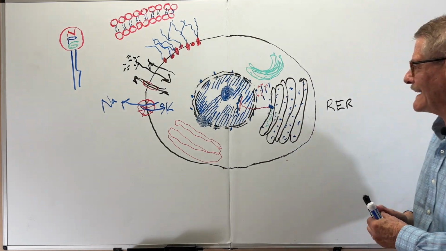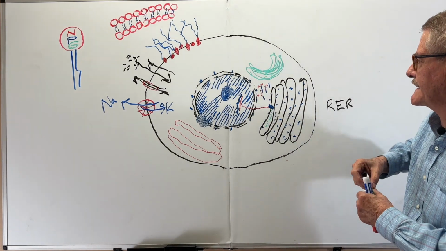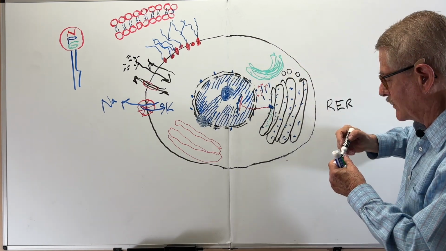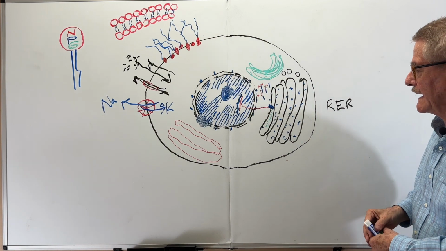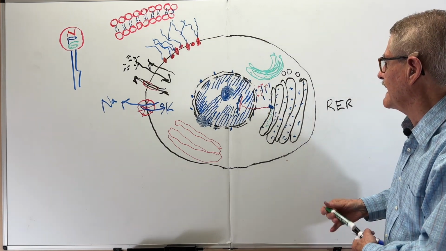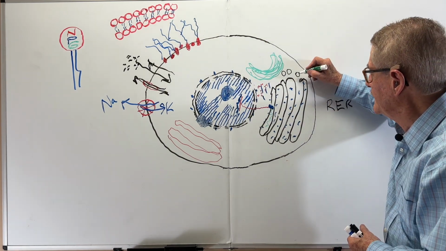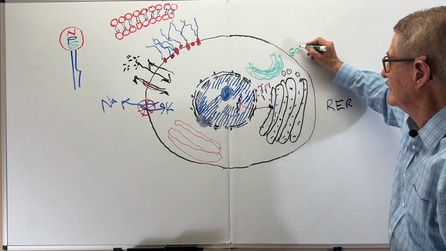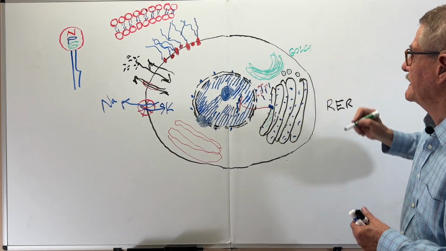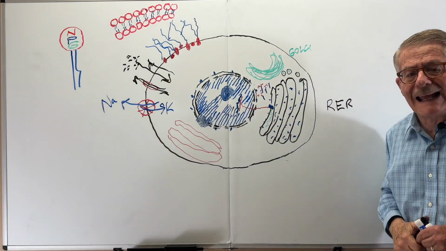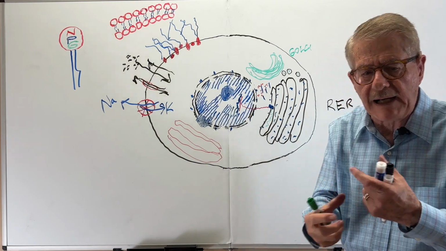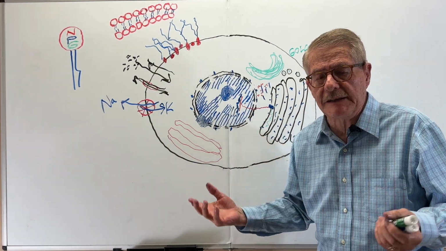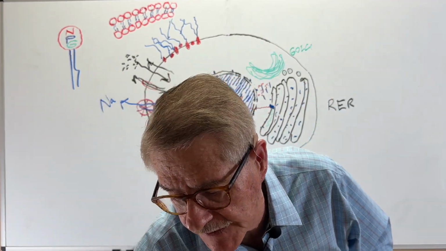And what happens next? Well, the proteins that were present within the rough endoplasmic reticulum are going to be transported to the Golgi apparatus, and they are going to be glycosylated, modified in different ways. And after that, they have different endings, I would say.